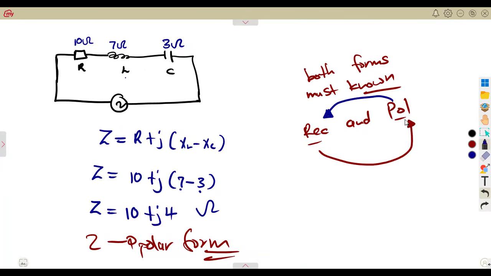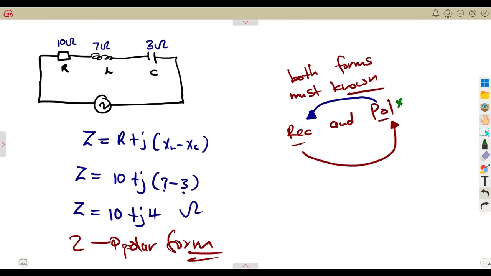from rectangular to polar and vice versa, polar to rectangular form. And to understand that in polar form, you are going to be mainly using these calculations for multiplication and division.